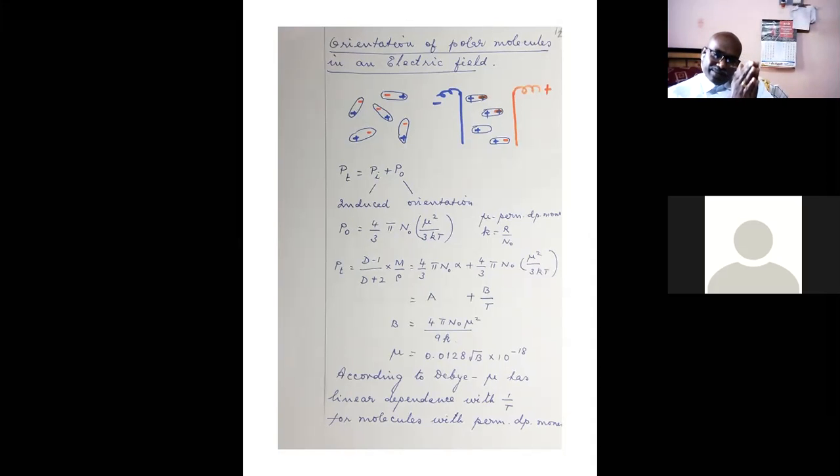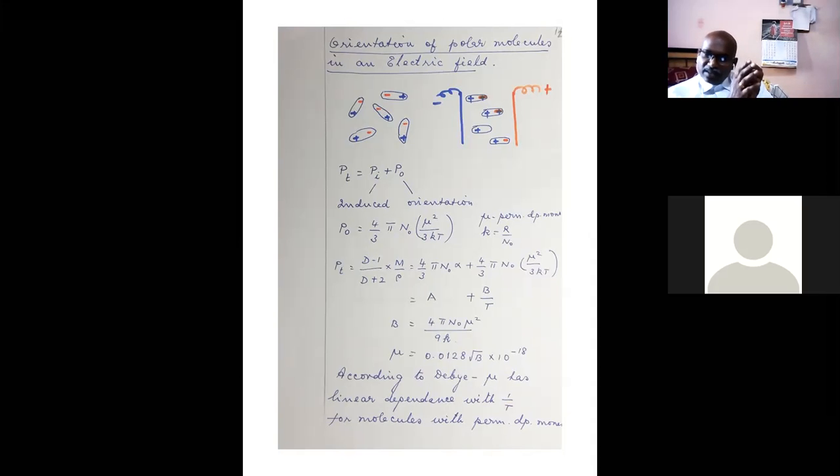So already what we have seen is the behavior of a neutral molecule, a molecule without a permanent dipole moment in an electric field. What will happen? There will be a distortion of charges, there will be separation of charges and there will be an induced dipole moment.